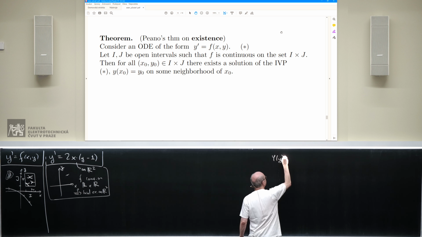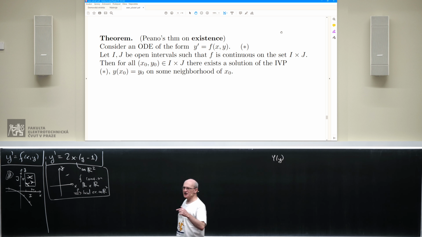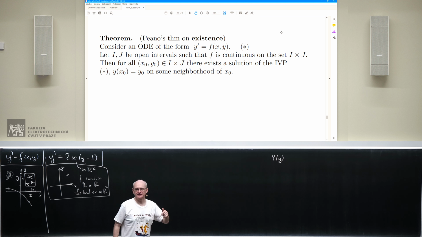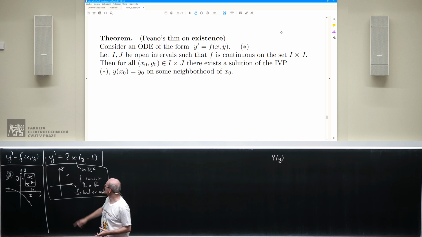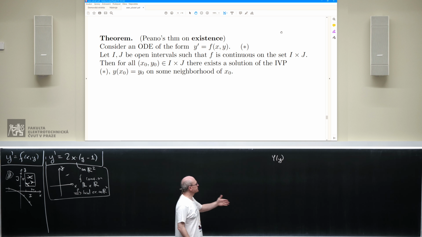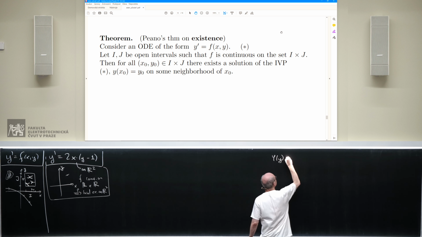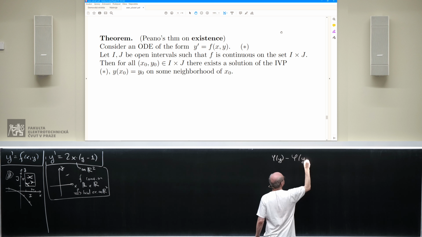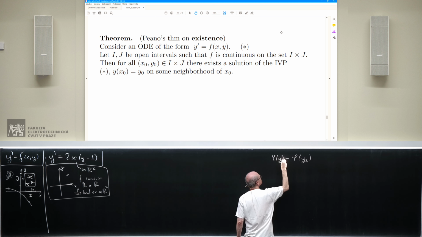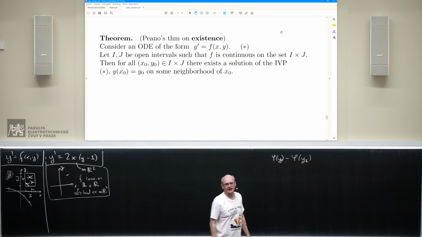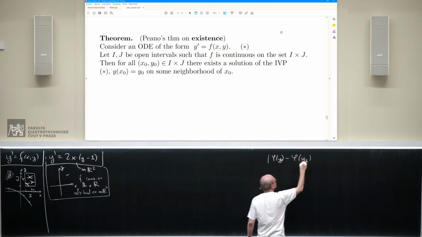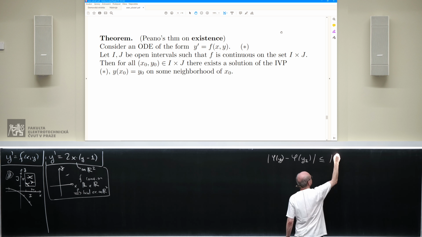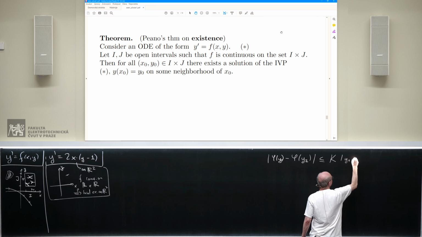And I'm going to use y. How do you describe mathematically that the change in the function, in the feedback, is not out of proportion with the change in the variable? Like that. You look at the function at two different instances, so it's y1 and y2, and you ask about a change, compare it with the change in the variable.